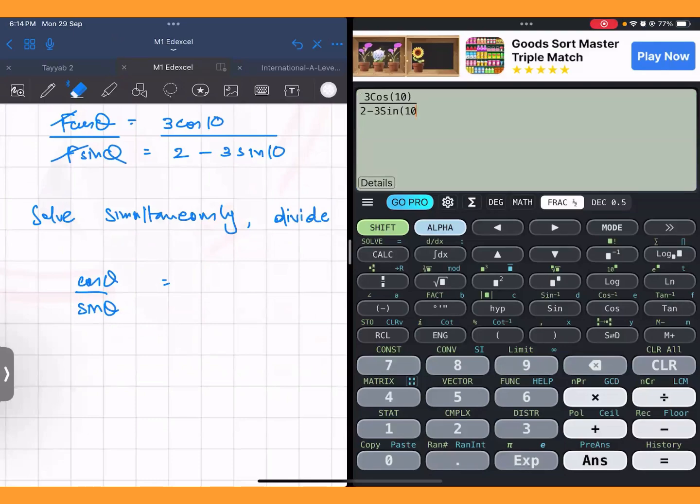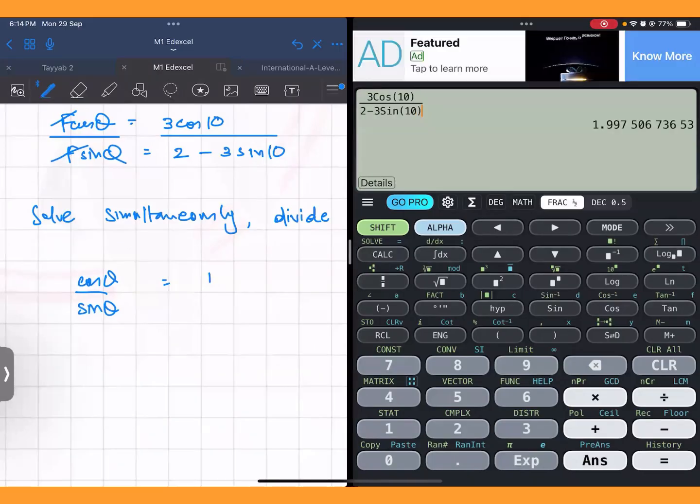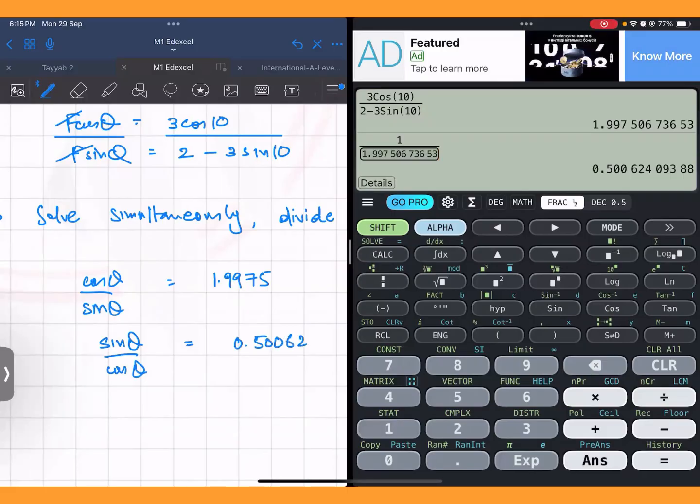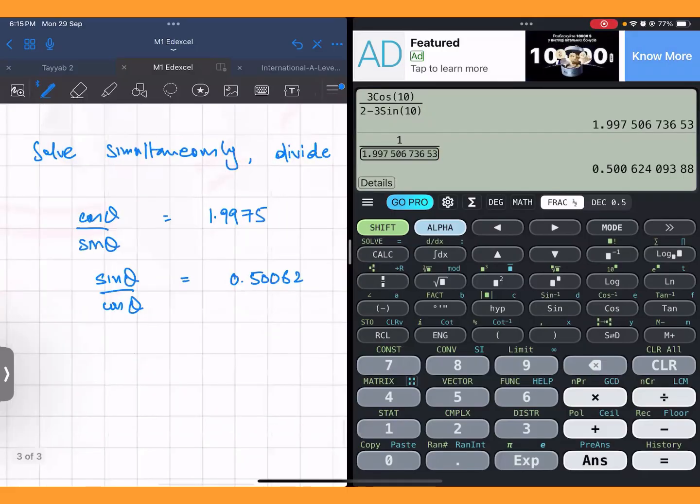So this is coming out as 1.9975. And if you do the reciprocal on both sides, this would become sin over cos, which would be equal to 1 divided by this answer, 0.50062. So sin over cos, we know it is tan.